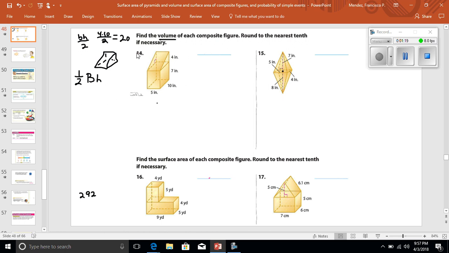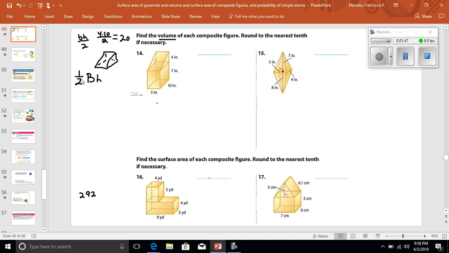Now that I have 20, I have to remember to multiply 20 by my height, which is 5. You see right here, 5. So 20 times 5 is 100. That means the volume of this is going to be 100.